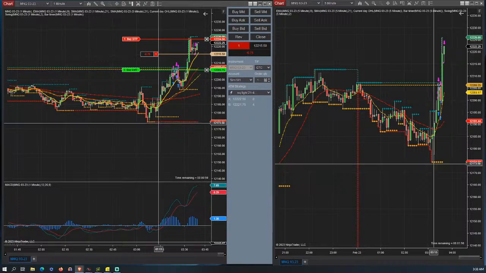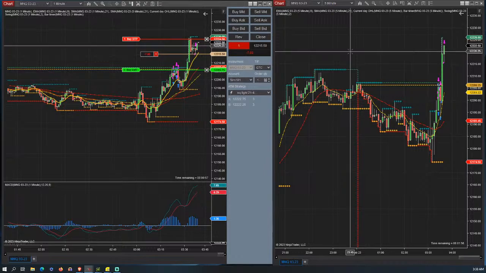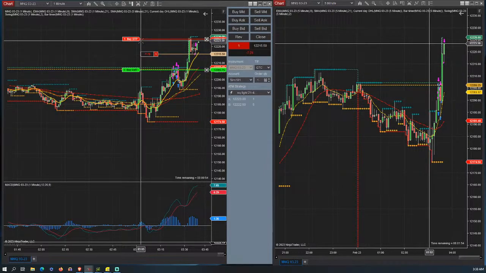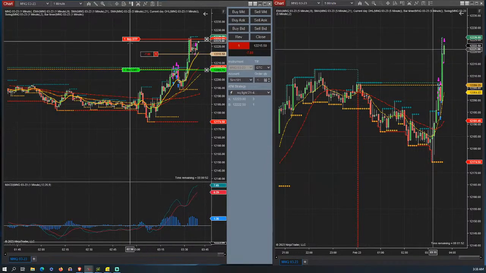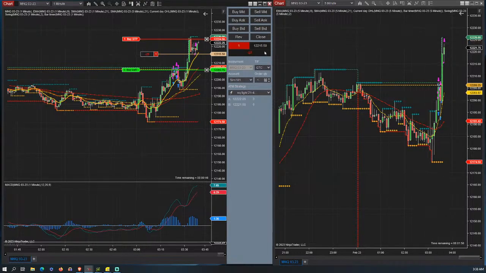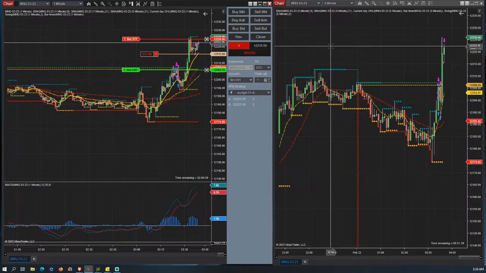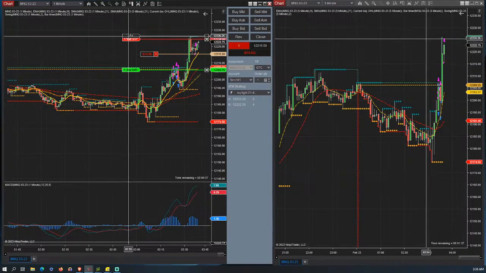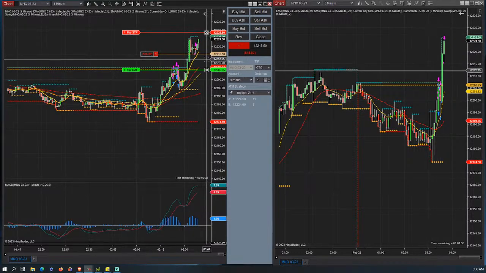I don't want so many pop-ups on my TradingView. Alright, so it's a 7-point micro. It's a dollar amount in that, $10. I'm gonna hit it. Let's move it up.